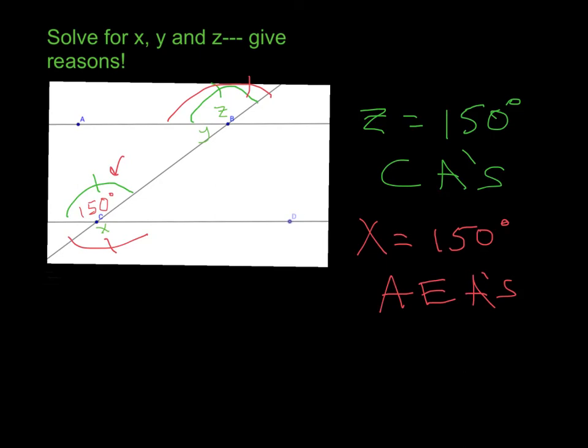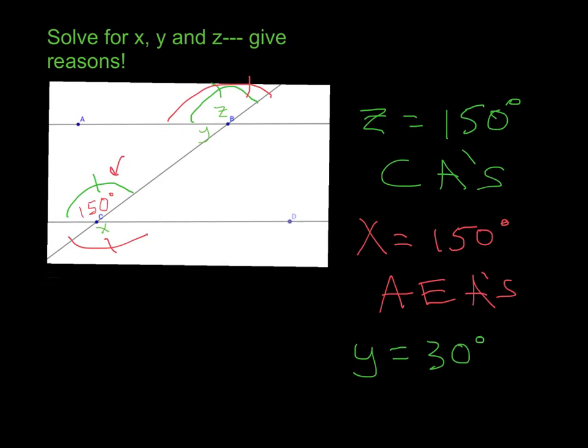Last, we have angle Y. The easiest way to find angle Y is to use the supplementary angle with angle Z. We know angle Z is 150 degrees, so therefore Y must be 30 degrees.